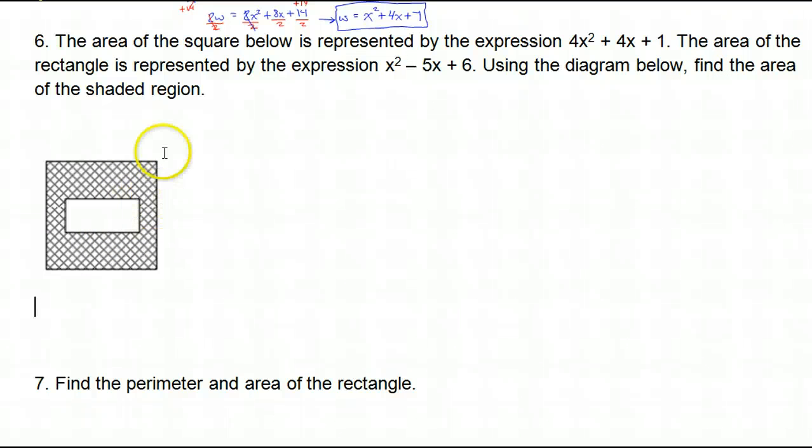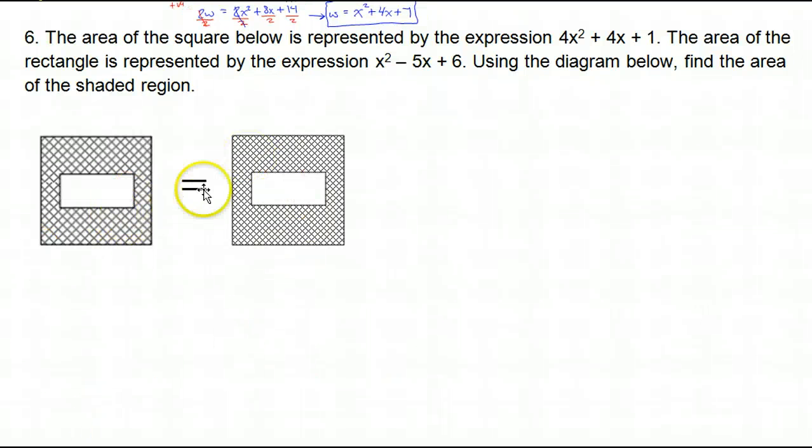Okay, so the first thing is you have to wrap your mind around this picture right here. We got a square, a rectangle, and then we have this shaded area. So sometimes it's hard to see what they're even talking about. So I'm going to split this apart so it's easier to see.